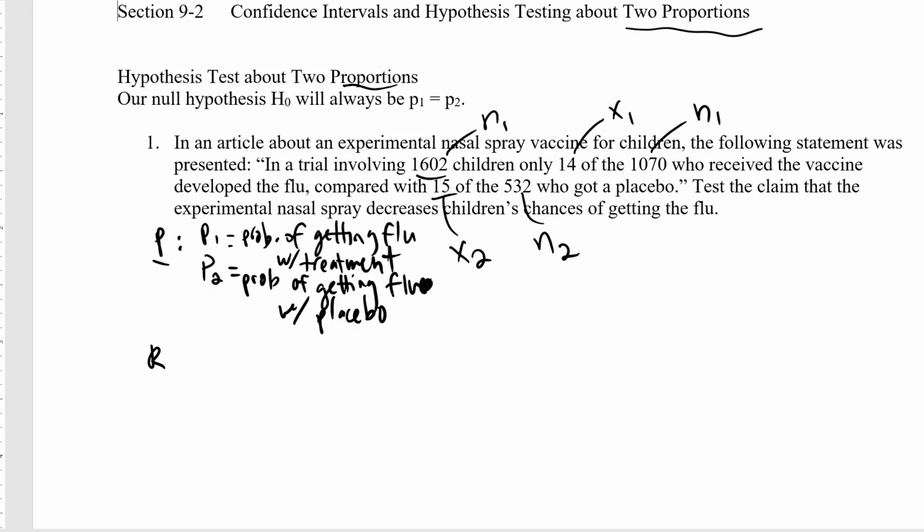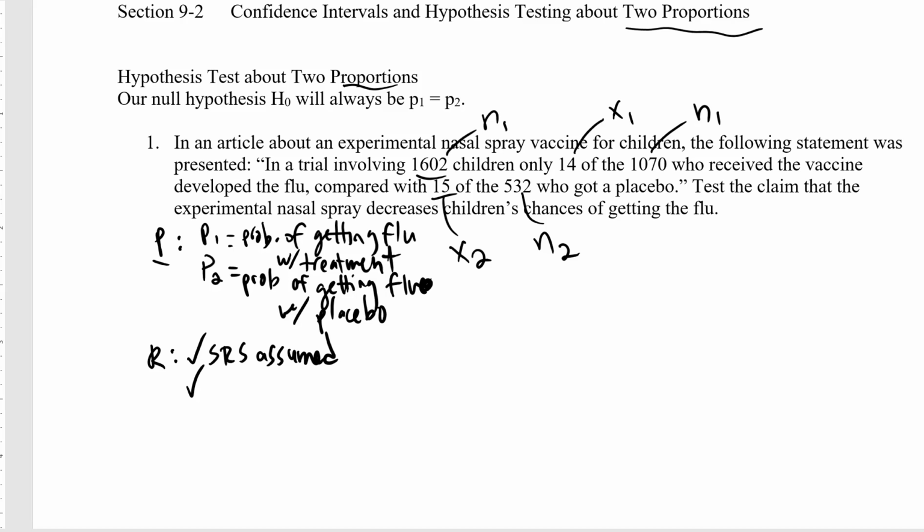Our requirements. Both need to be done randomly. It says a trial. It doesn't say anything about them being done randomly. So basically, we must assume that these people were put in groups randomly. Second, how do we get normality? Well, I need at least 5 successes and 5 failures, but this time it's for each group.